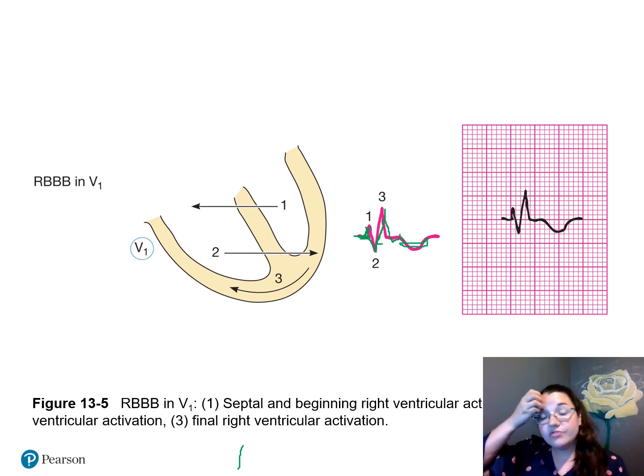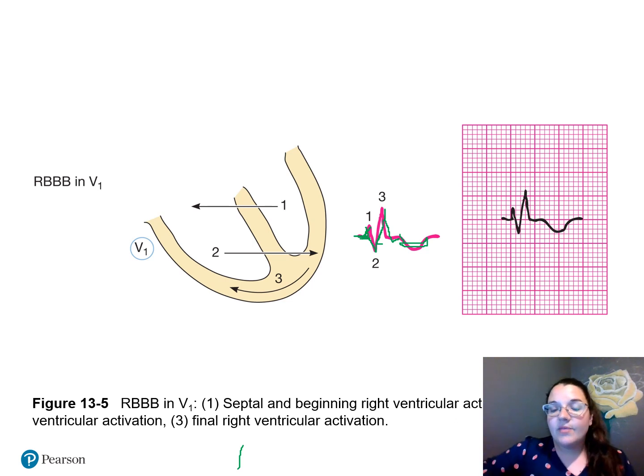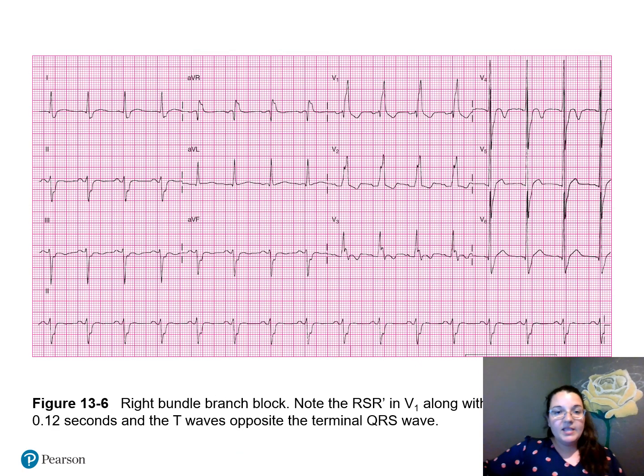Okay, so two rules for right bundle branch blocks. I'm going to look in V1. If I have R prime and my T is opposite of my Q or S, I could have an indication of a right bundle branch block. Okay, so again, what lead am I going to look at to determine if I have a block?